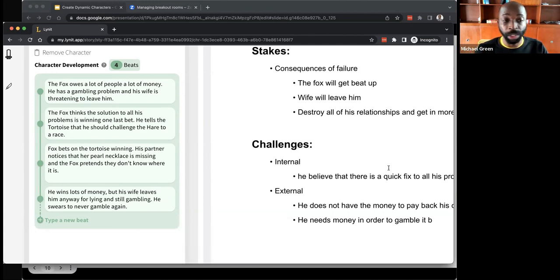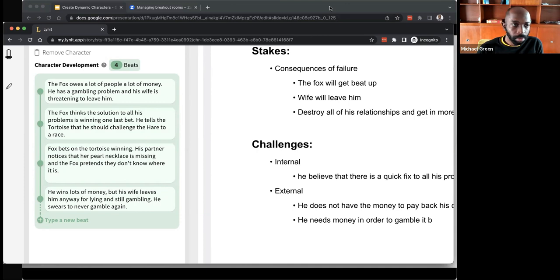So in this one, if we just remove from the fourth beat that he swears to never gamble again, it would be a flat, because we're getting some layers of depth of the fox as we go through. But if we wanted to make it a none, we should try to squeeze everything in the beginning, right? All the components about their challenges in the beginning, and then there'll be no development.